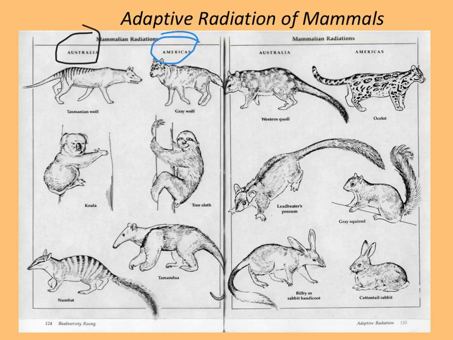Furthermore, a Tasmanian wolf is actually a marsupial. It's got a pouch. Placental mammals don't. So all those different taxa, koala, numbat, western quoll, Leadbeater's possum, bilby, those are all marsupials. But they correspond to a whole bunch of placental mammals because they're filling the same niche.